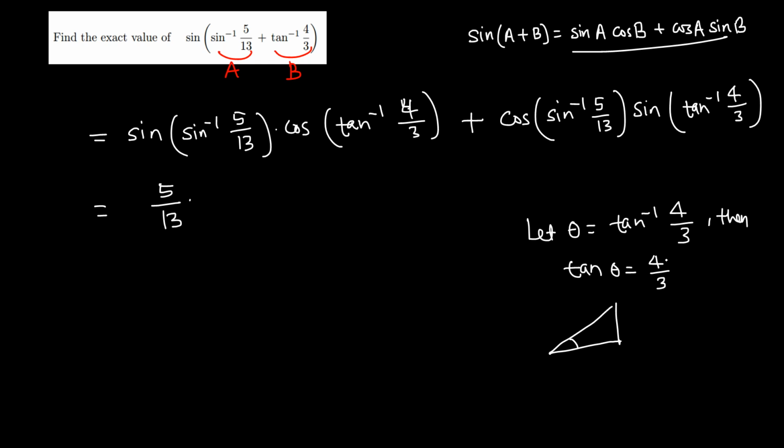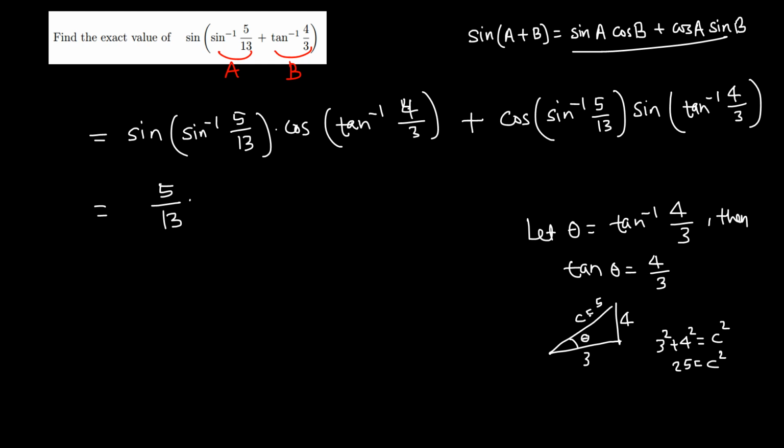Tangent is opposite over adjacent, so 4/3, this is theta. Now we can find the unknown side C. A square plus B square equals C square, so 3 square plus 4 square equals C square. That's 9 plus 16, 25 equals C square. That means C equals 5, so this is 5.